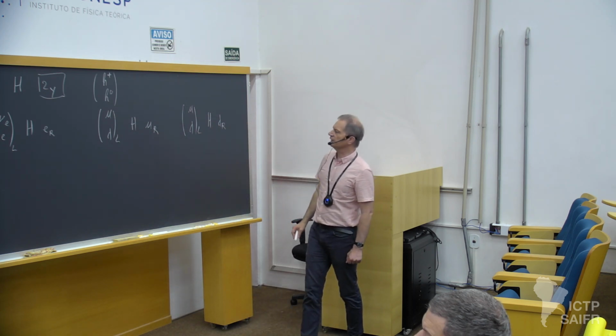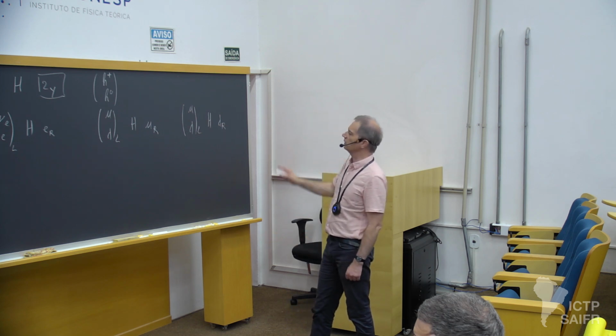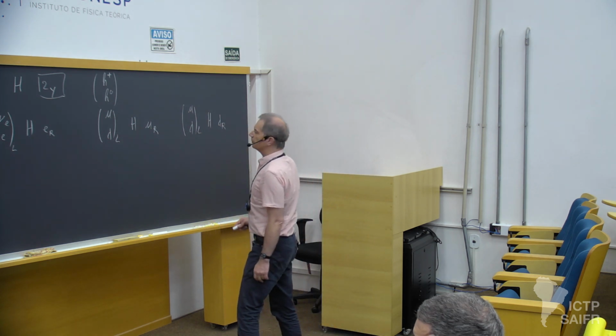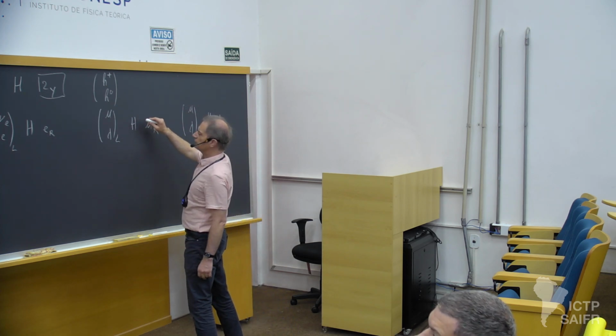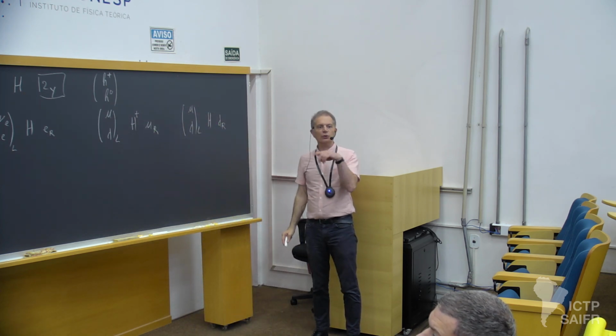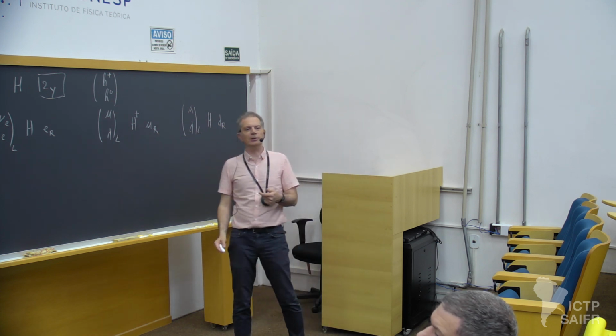Now we need to find the hypercharge in such a way that all these interactions can be invariant. And the subtlety is that at some point I need to introduce a complex conjugate, H dagger. So for a doublet of SU2, the complex conjugate is also a doublet.